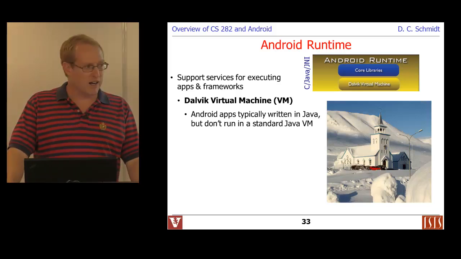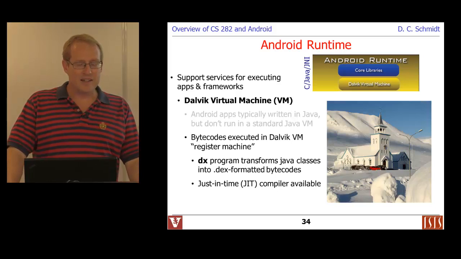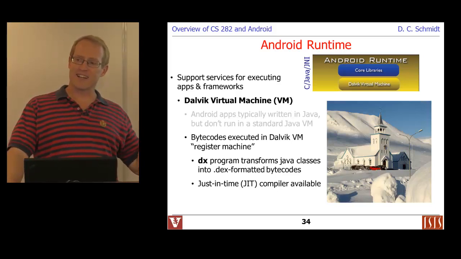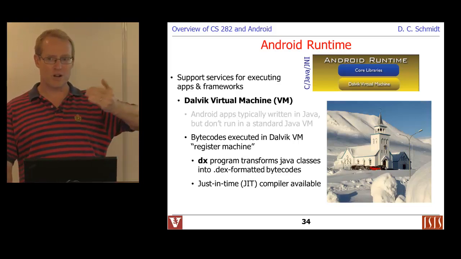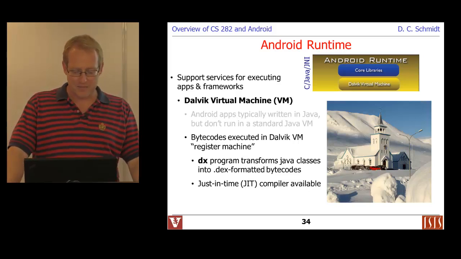They run in their own virtual machine, called Dalvik. They take bytecode written in Java bytecode and convert it into the format that's run in the context of Android, which is called DEX, which stands for Dalvik Executable.